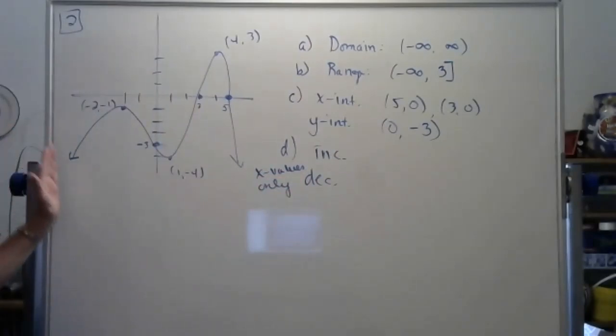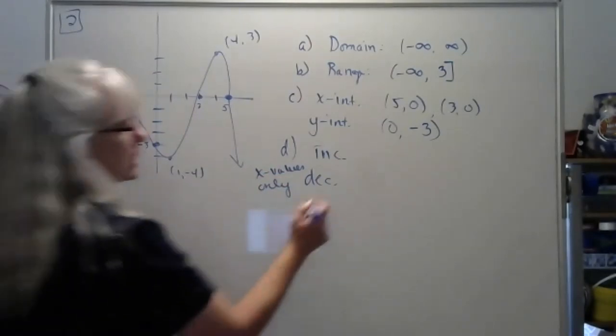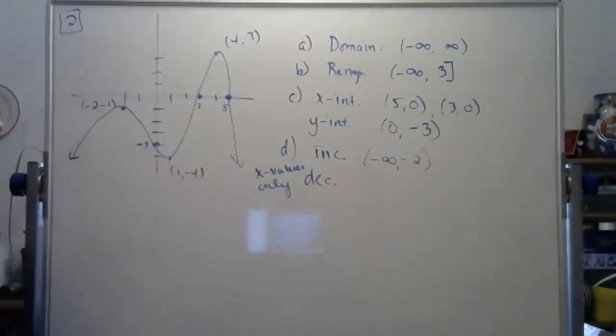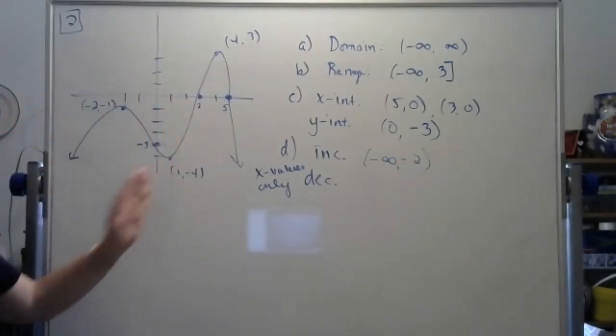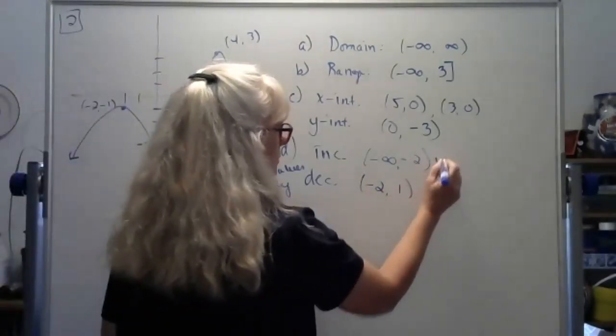So on the left side, we're walking uphill, and we're walking uphill all the way until we reach an x value of -2. So it's increasing from negative infinity to -2. Okay, at -2, then we start walking downhill, and we're walking downhill all the way over to an x value of 1. So we're going to do decreasing from -2 to 1.